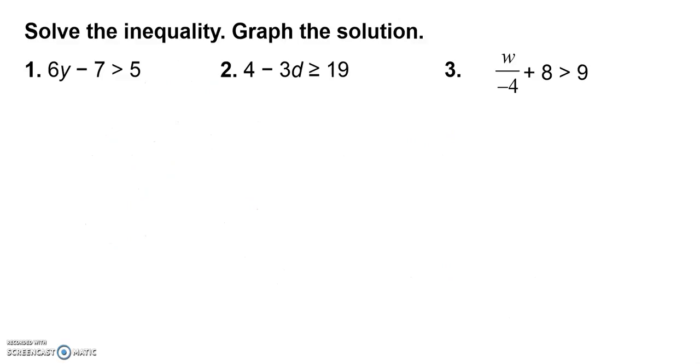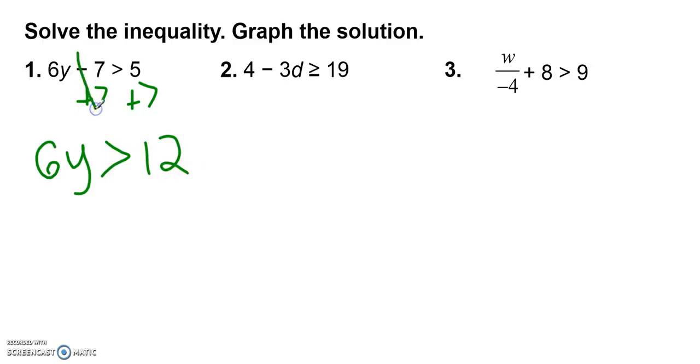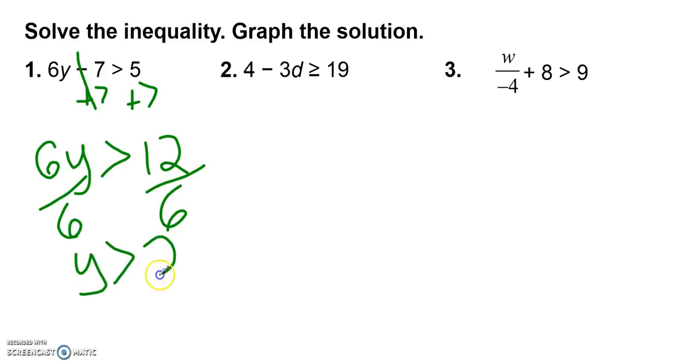Solve the inequality and graph the solution. So I'm going to do 2 of these, and then please do the other one. So plus 7, we have 6y is greater than 12. That gets rid of it there. And then we divide by 6, we get that y is greater than 2. And then I'll do number 3.